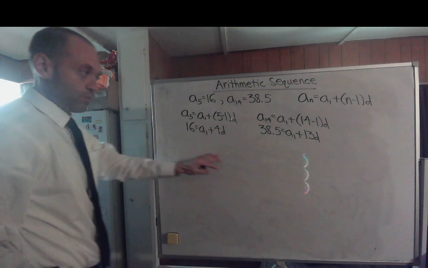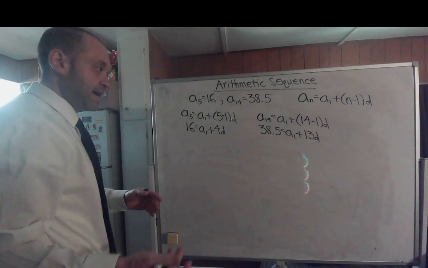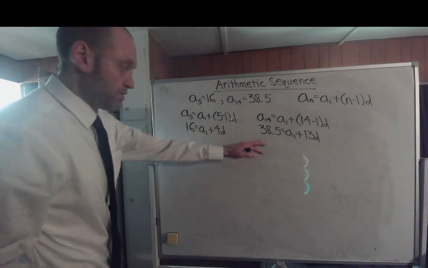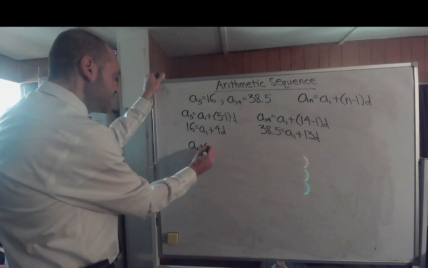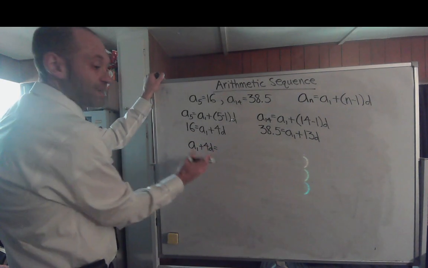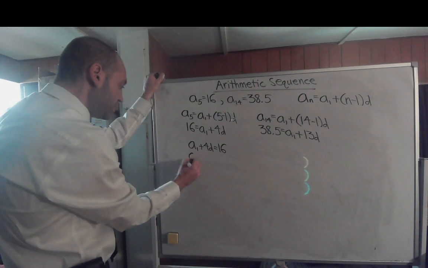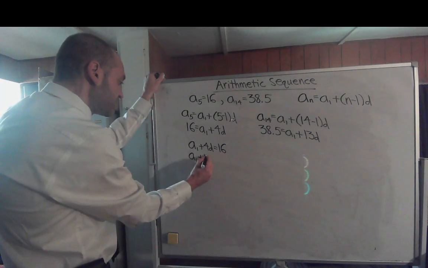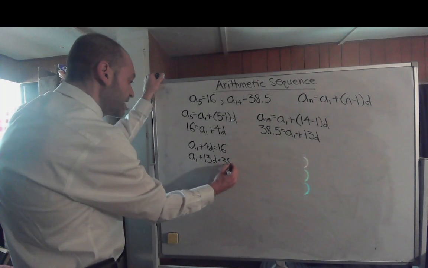Now you see where we have our two equations. Let's set up our system. We'll have a sub 1 plus 4d equals 16, and then a sub 1 plus 13d equals 38.5.